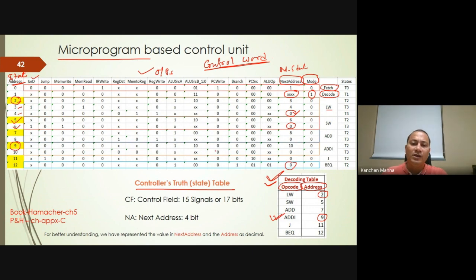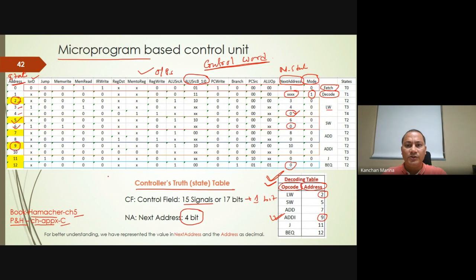Here in this table we actually have 15 signals, and this one is 2-bit, so we have 17 bits, plus one more bit for this mode, and for state we have 6 bits. We borrowed this concept from two books: one is Patterson and Hennessy, and another one is Hamilton. Chapter 5, and here it is appendix C.